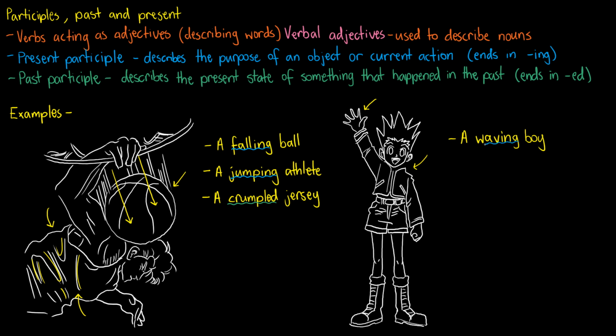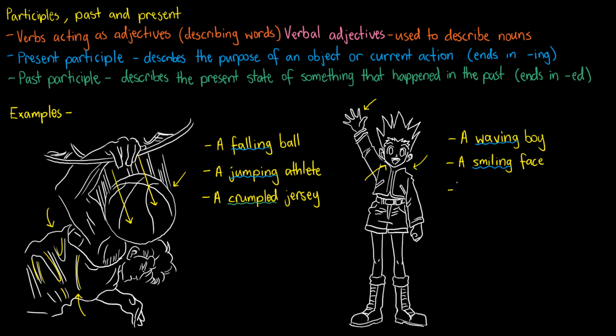So he's waving. It ends with ing, so a present participle. Next, we're going to say that he is smiling. So we have a smiling face. We're describing the face. The face is the noun, and smiling is what he is doing. So a smiling face, it's a present participle.